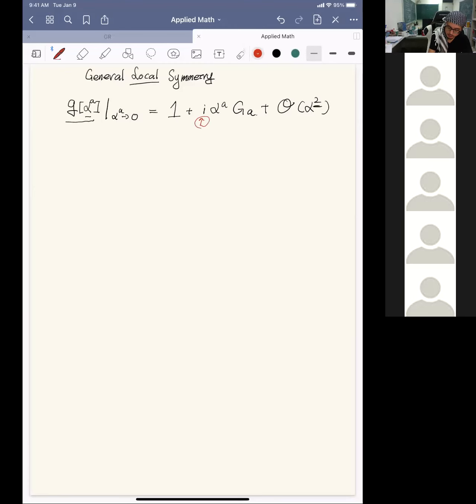If you don't have this i, you can define things without an i, and that just means your G_A will have an extra factor of i relative to other conventions. But let's just use an i here. These G_A are what we call the generators of the symmetry transformation.